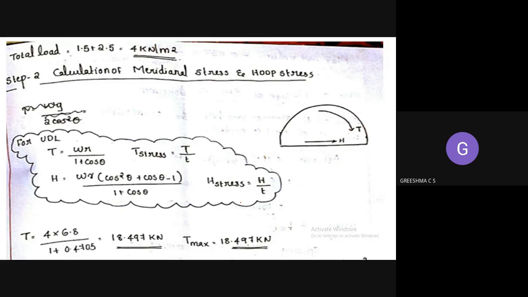So total load is equal to live load plus dead load. So we will get the total of 4 kilonewton per meter square. അപ്പോൾ നമ്മുടെ ഡോമിലേക്ക് വരുന്ന total load is 4 kilonewton per meter square.